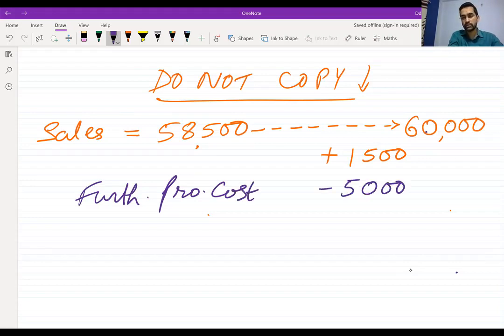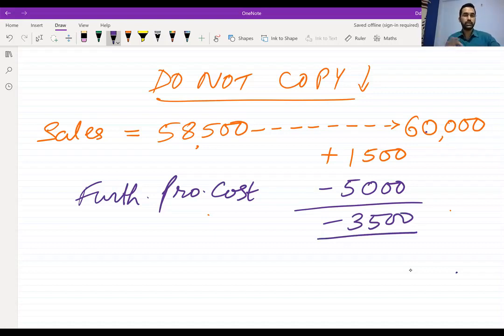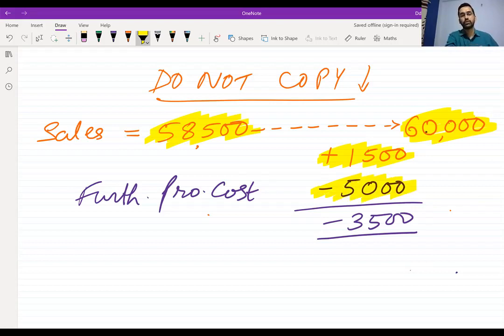Now look at this. Listen first. If you sell without further processing, this is what you will earn. If you further process and then sell, this is what you will be earning. That means you will earn 1,500 extra if you further process. But further processing comes with a cost. How much is the cost? 5,000 rupees. Now compare these two numbers.